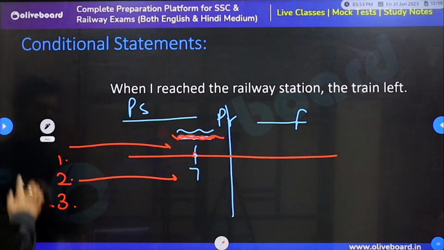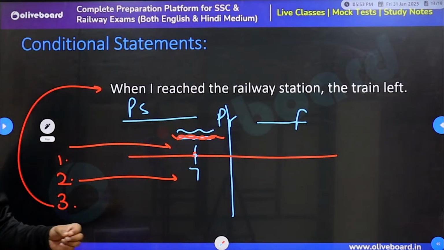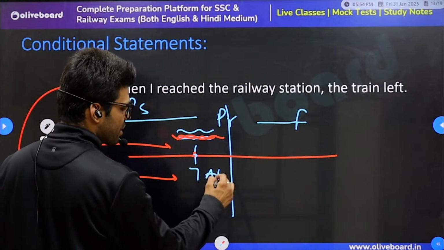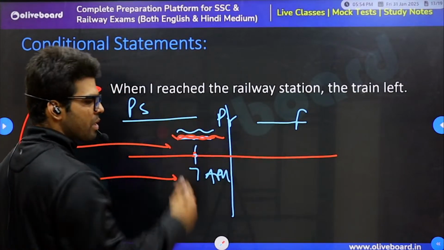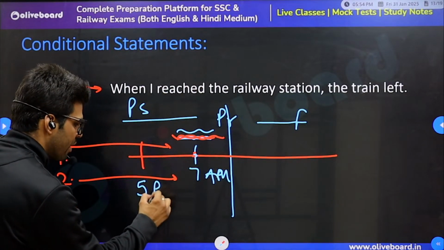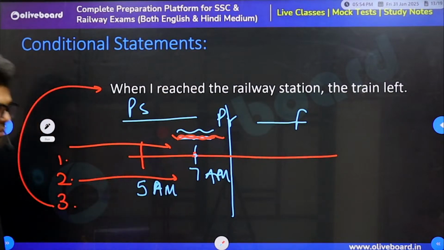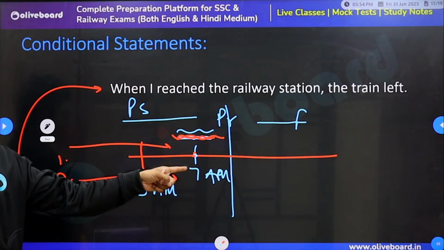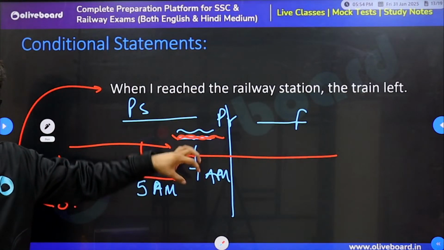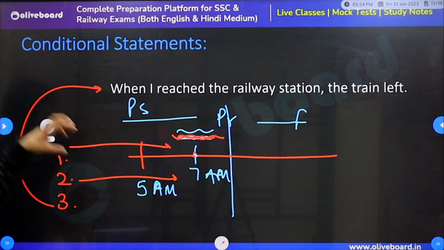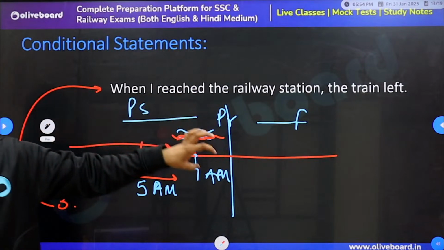And the third one, which is here, say, I reached the railway station. Yesterday, I reached the railway station, but when I reached the railway station, the other action had happened before this action happened.